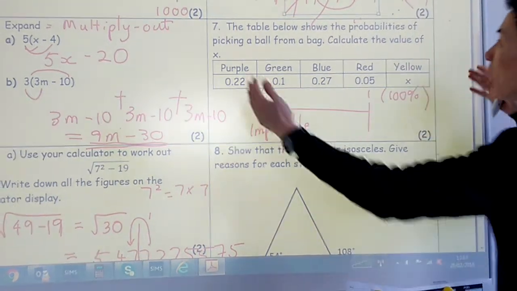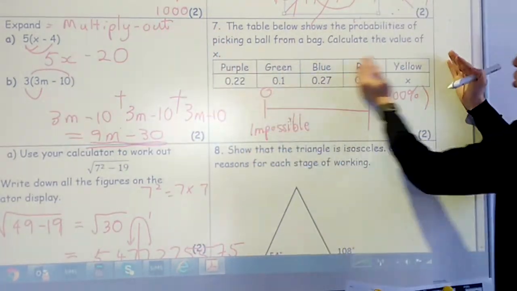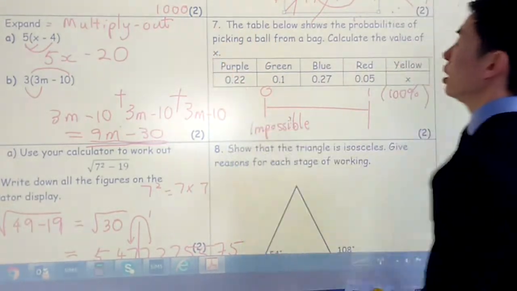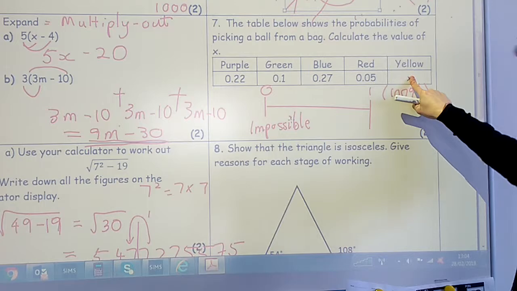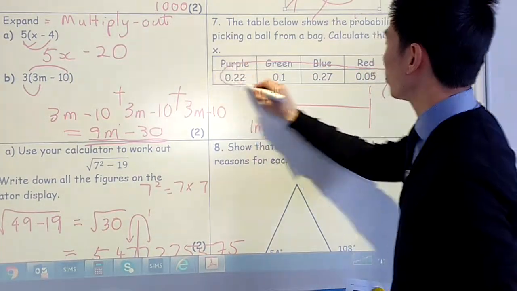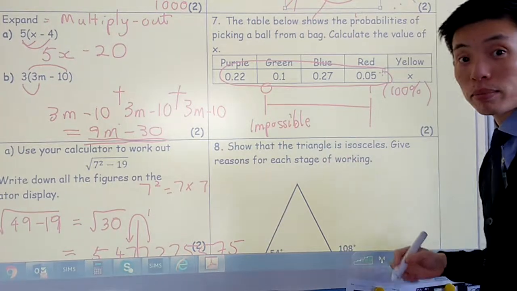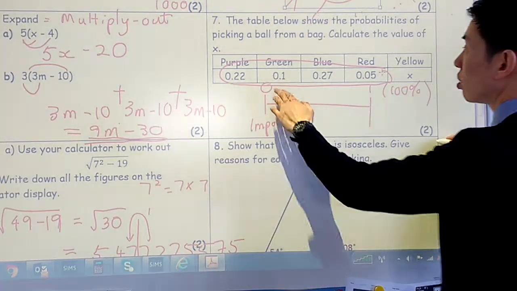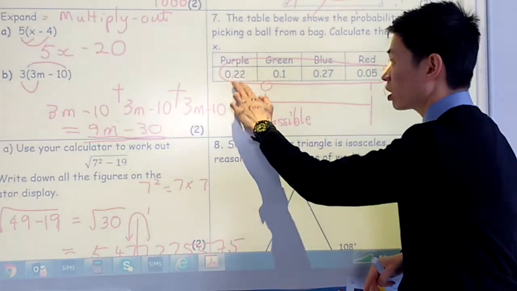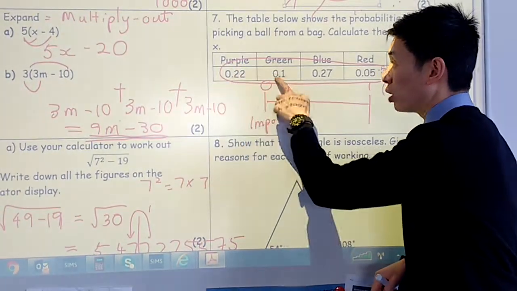So the probabilities of an event altogether should always add up to 1. So for that missing value, all you have to do is to add them all up and then take away from 1.